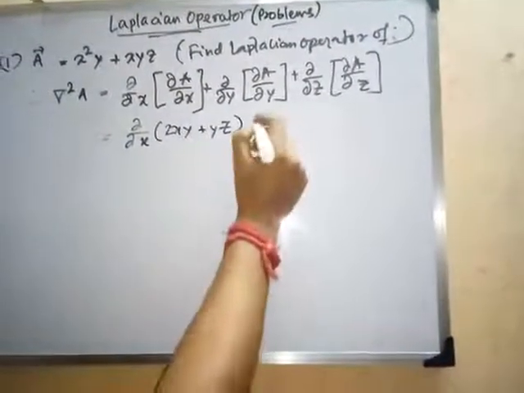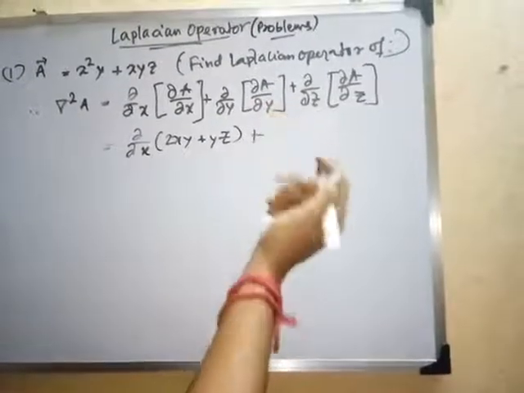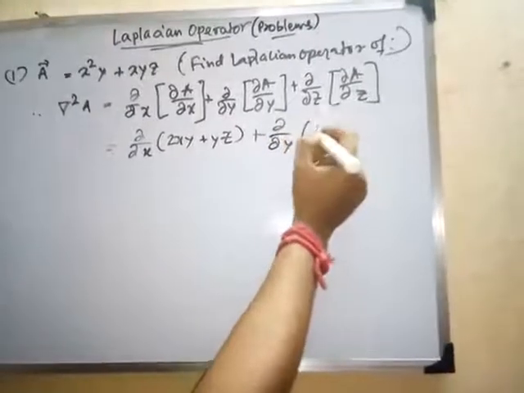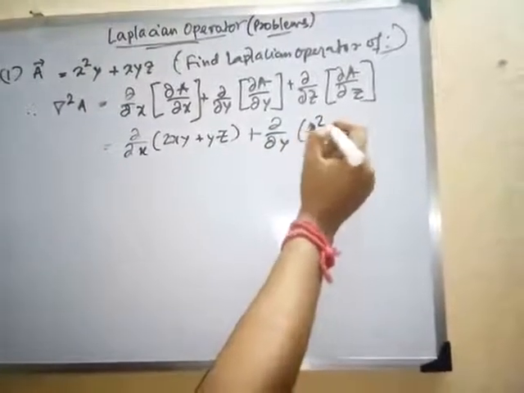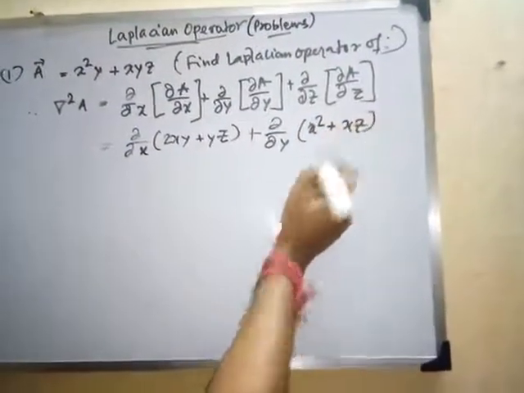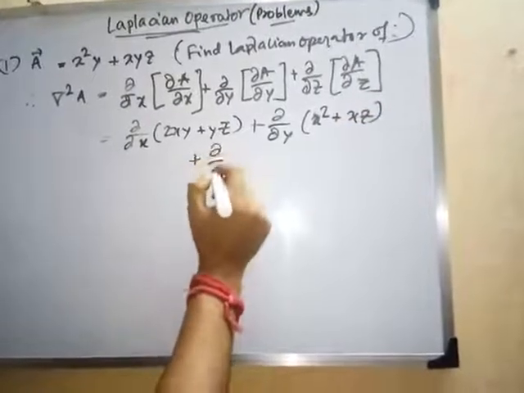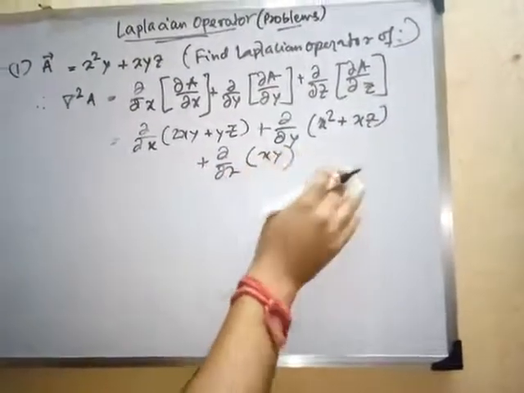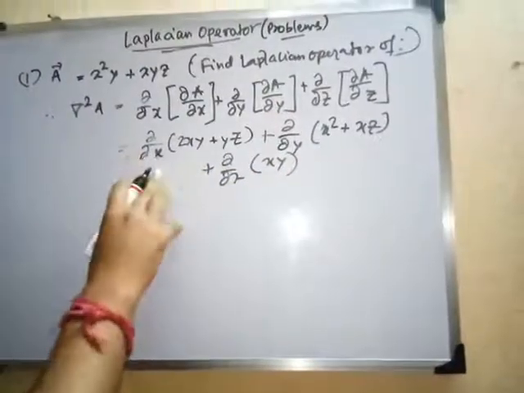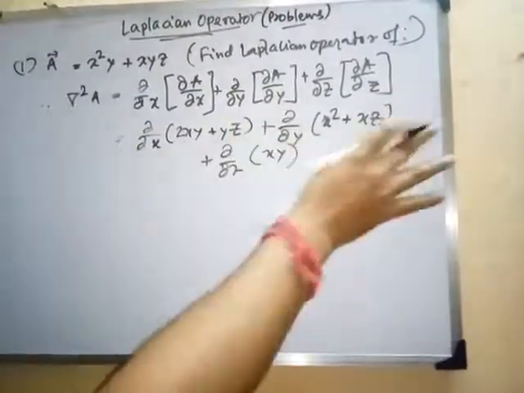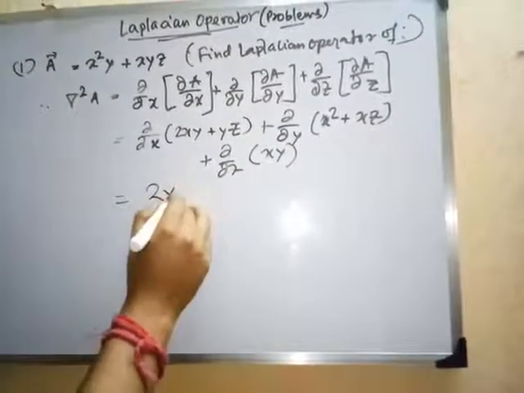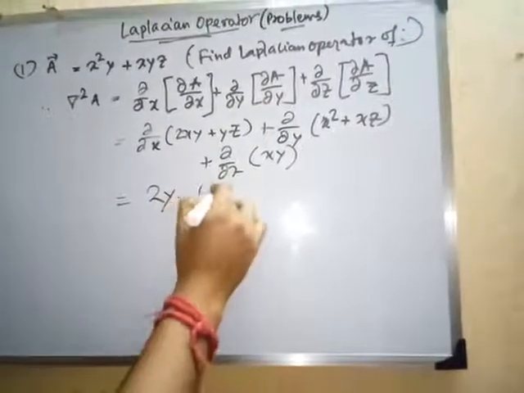Next, we have already calculated the del y part, which is x square plus xz, and for z we have xy. So we simply operate on these functions and calculate these differentiations, and we'll have 2y as our answer, right?